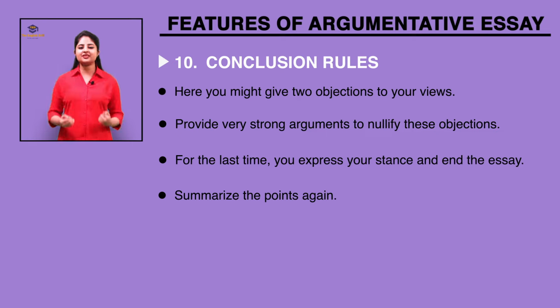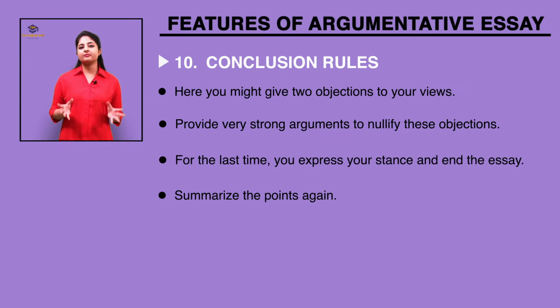You cannot be absolutely right about something. One particular thing cannot be all good or all bad. There has to be another side of the coin. So mention maximum two objections, but also provide arguments to nullify those objections.